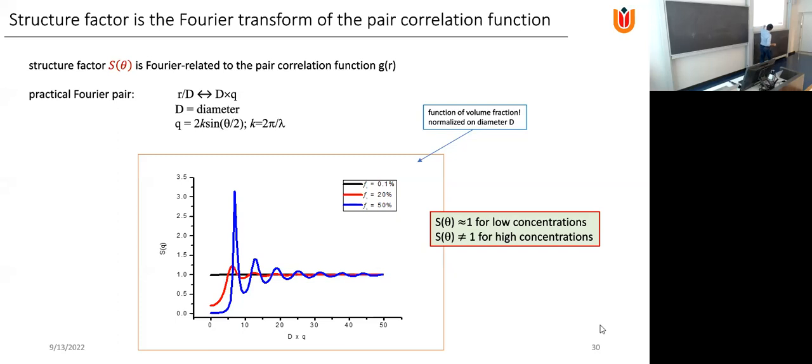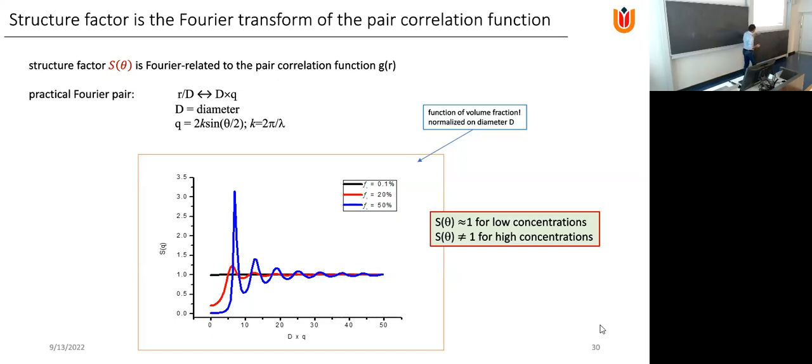On the horizontal axis of the Fourier conjugate, we get the diameter times q. Q may look familiar. That is 2 times k times sine of theta over 2. That was exactly the phase difference that we found between two particles. Q times r is the phase difference between the particles.